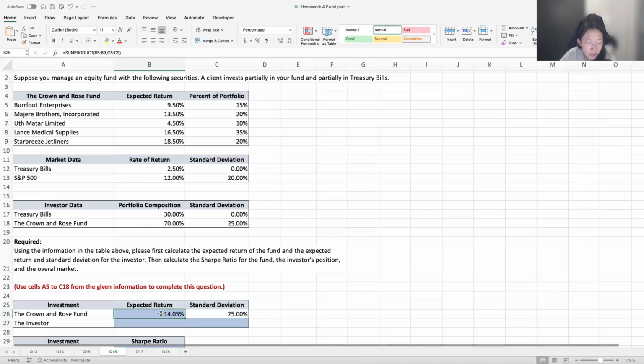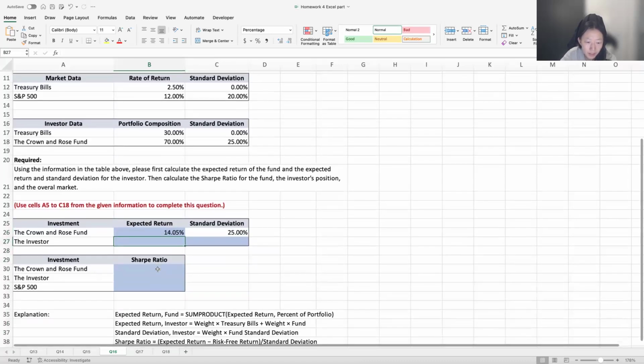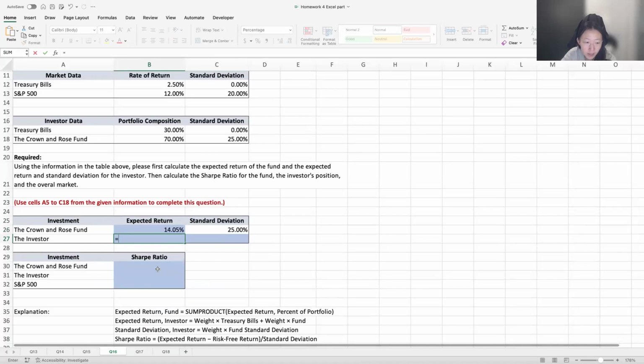So 14% is the risky portfolio's expected return. The investors' expected return uses the same formula: 70% times the risky assets' return plus the weight for risk-free assets times the risk-free rate. And the risk-free rate is here. I'm going to hit enter.